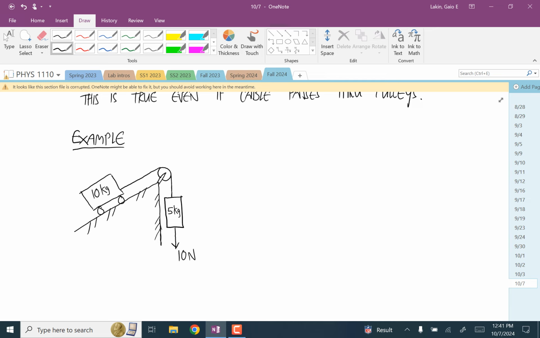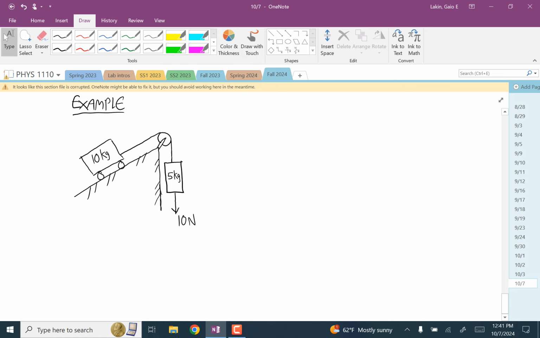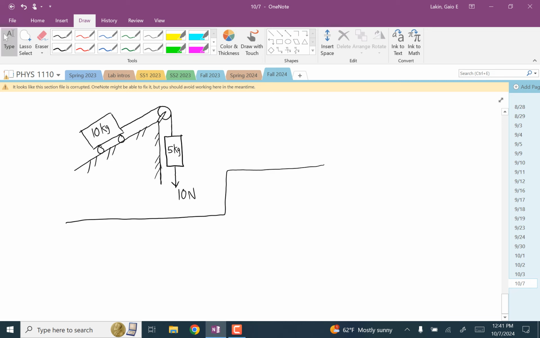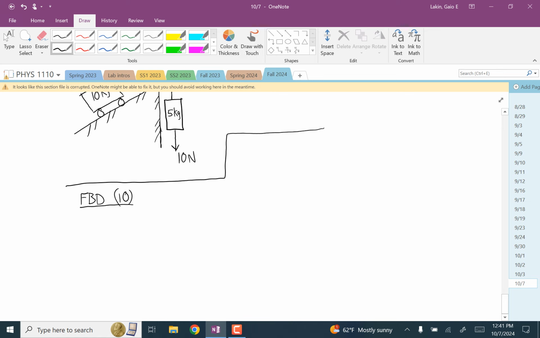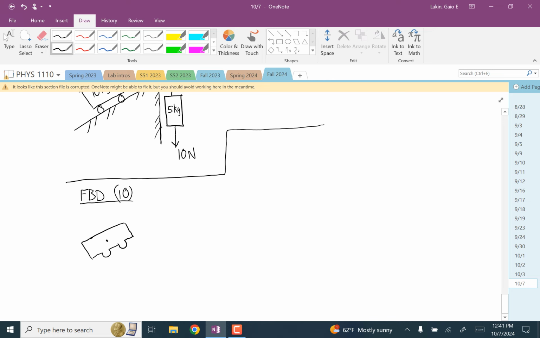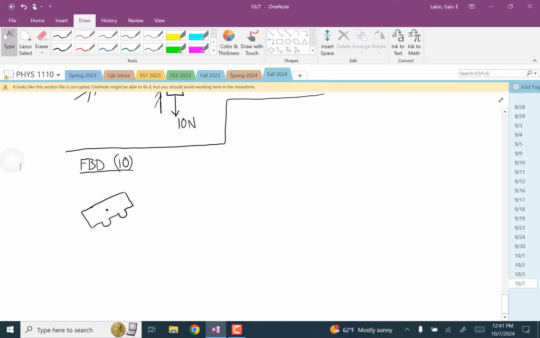Okay. And I want to draw these two free body diagrams. So first for the 10 kilogram. There's a weight force of 10 times 9.81, so 98.1 newtons, and that just goes straight down.